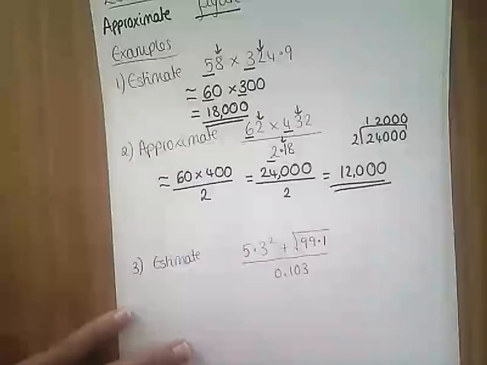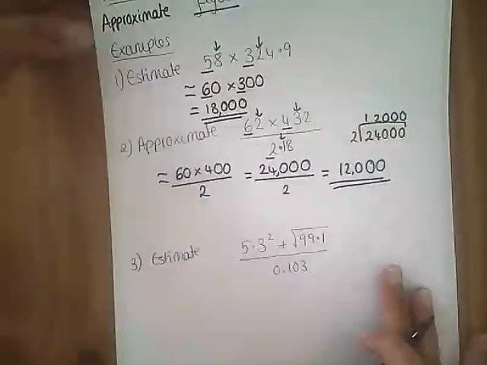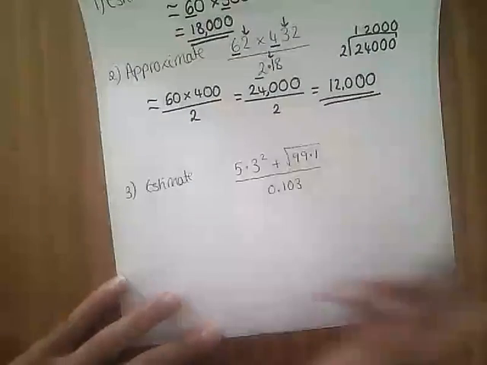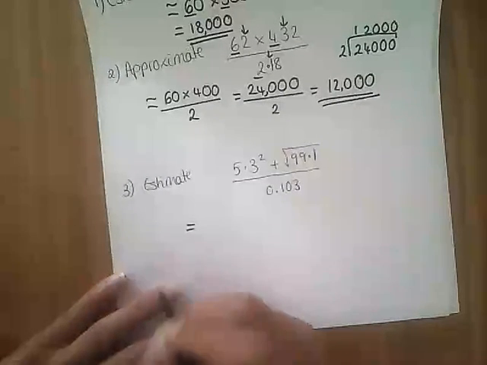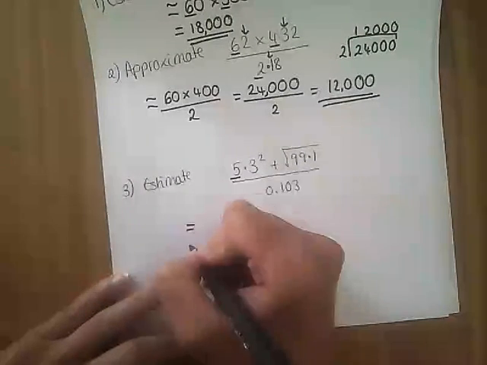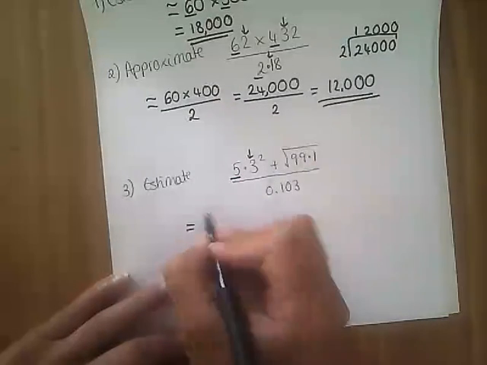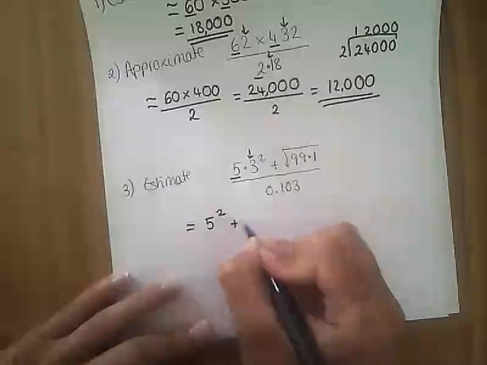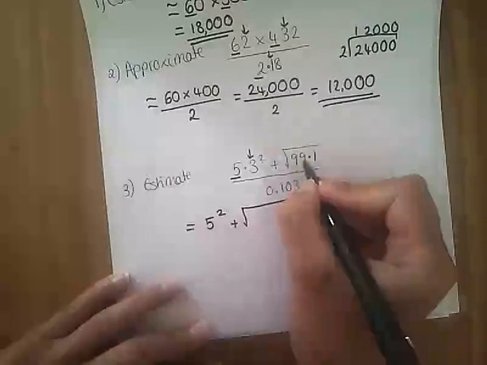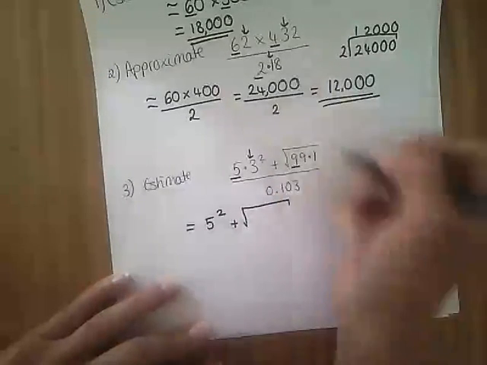Right, then we're going to number 3, slightly trickier. Same process though. Round everything to one significant figure at the beginning. So, 5 is the first significant figure. The number next door is not 5 or more, so that stays as a 5, and we've got to square it. Plus, the square root has to stay there, 99.1. The 9 is the first significant figure.